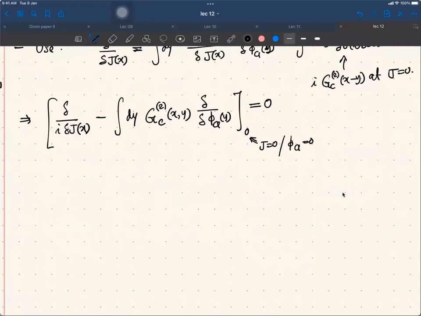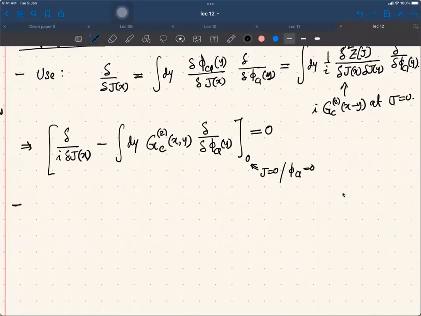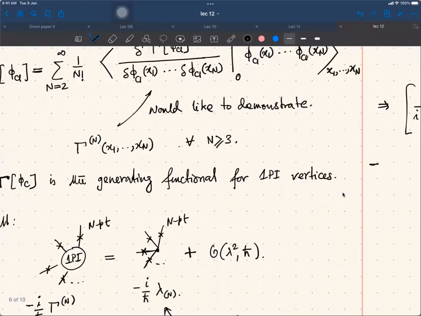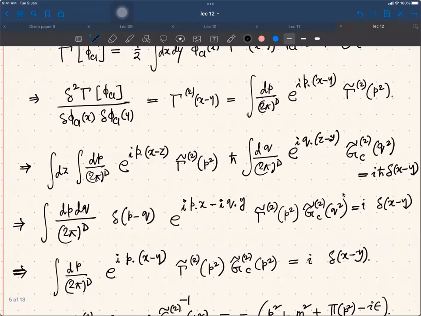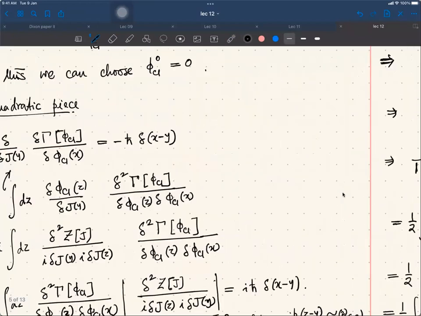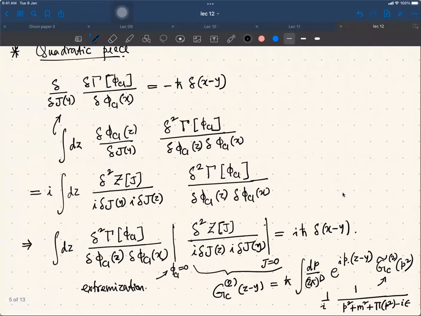Now, where would I use it? You use it, apply this operator on the n equal to 2 equation. So for n equal to 2, we had an equation which says that gamma 2 and g2 are inverse of each other. So this is the equation. But this gamma 2 is this derivative.